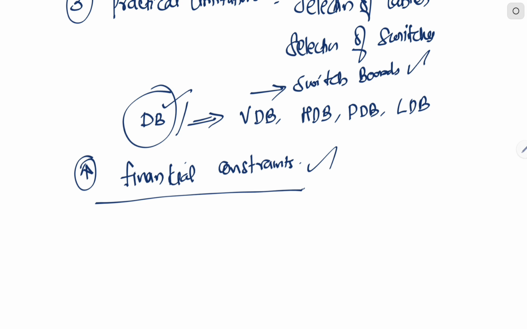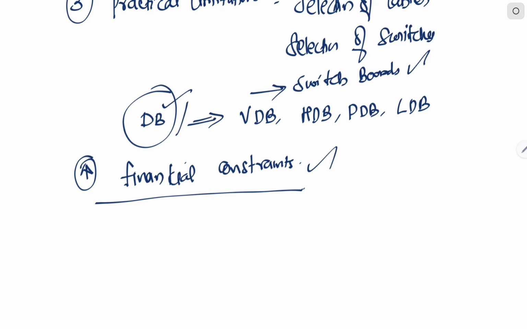So, while designing an industry, an industrial load, the majority of the load, as we already discussed, will be induction motors. And if you are having the financial constraints, then the selection of starters, that's an important area that we have to look into.